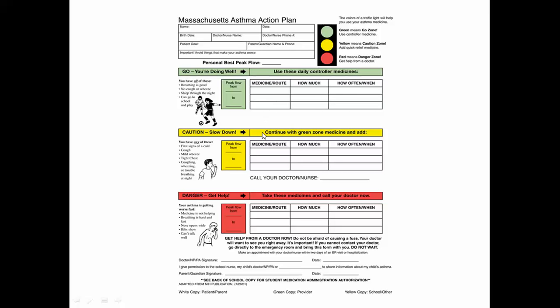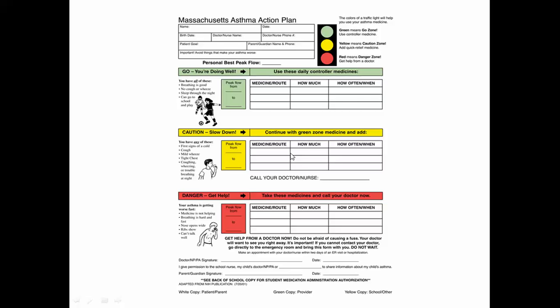Then there's a yellow zone, and that is really the caution zone. Here on top it says they would continue with their green zone meds, and the physician would add extra. When they're in the yellow zone, there would be instructions on what else they need to do, the additional medications.